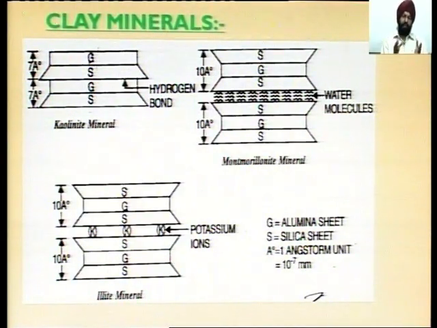So, these are the three types of minerals present in the clay soil that provide the plasticity to the soil with addition of some amount of water present in that soil.